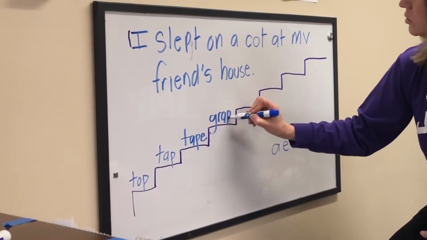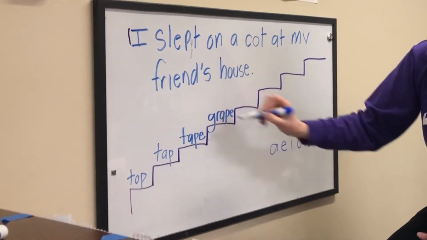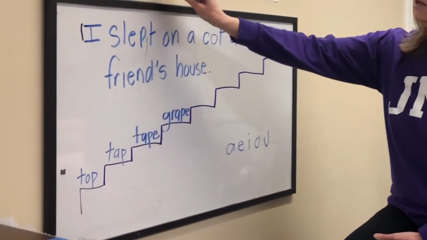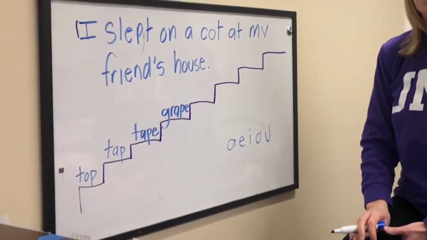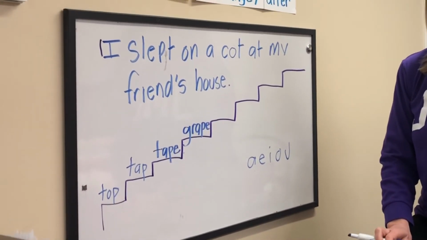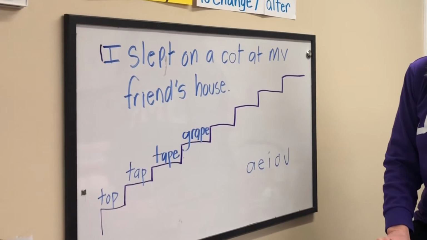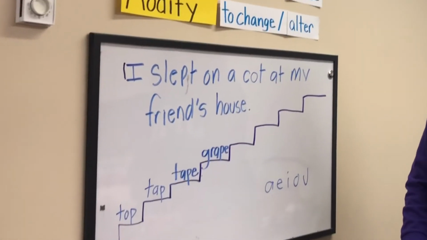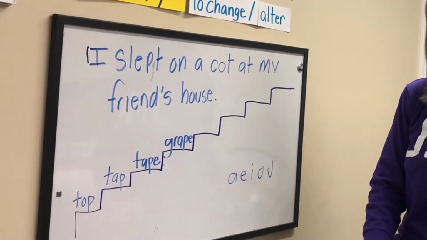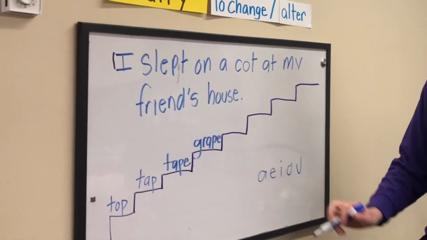So my vowel didn't change, my initial sounds did. I modified my initial sounds. So now I've got the word grape. This is getting challenging. How could I modify the word grape to create a new word? Any ideas? Oh, I know.